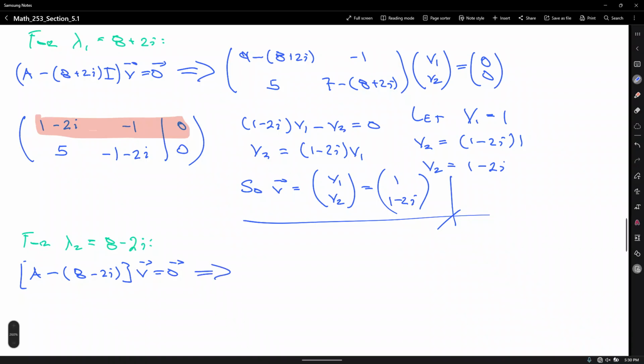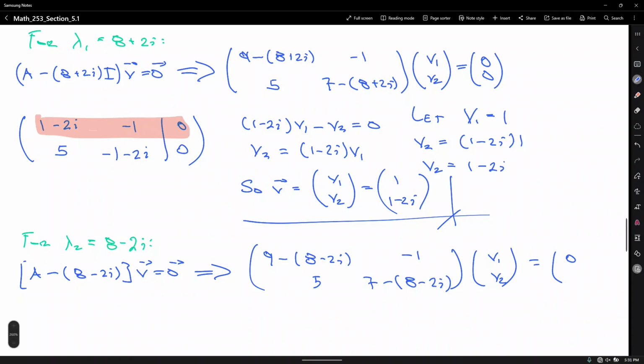As a system of equations, what do we do? 9 minus the eigenvalue, that is 8 minus 2i. Now be careful with signs. And then 7 minus (8 minus 2i). And that'll be negative 1 and 5. And let that times the vector v1, v2 be equal to the 0 vector, 0, 0.